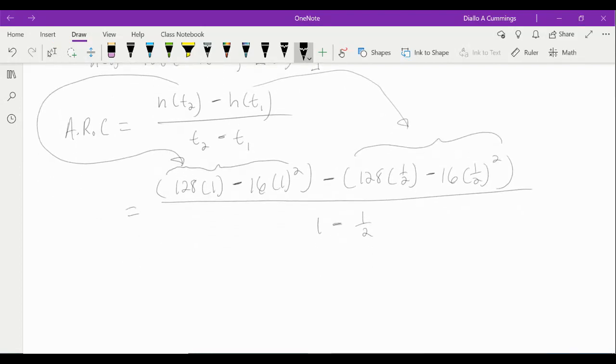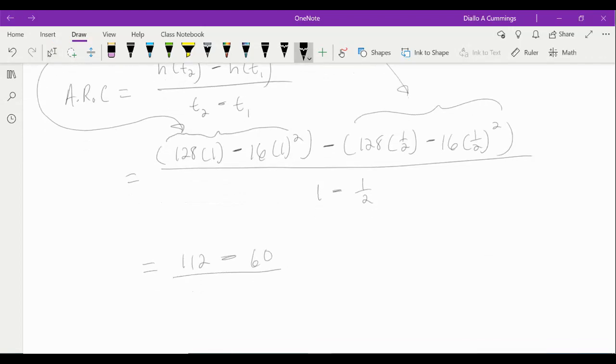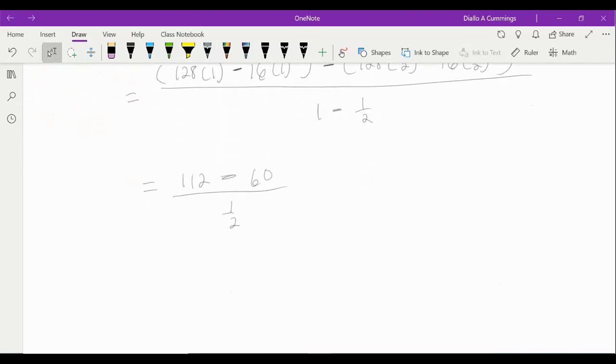Now, when I substitute h of t sub 2, you should have 112 minus, when you simplify h of t sub 1, you should have 60 divided by 1 minus 1/2, which is 1/2. 112 minus 60 is 52 divided by 1/2.